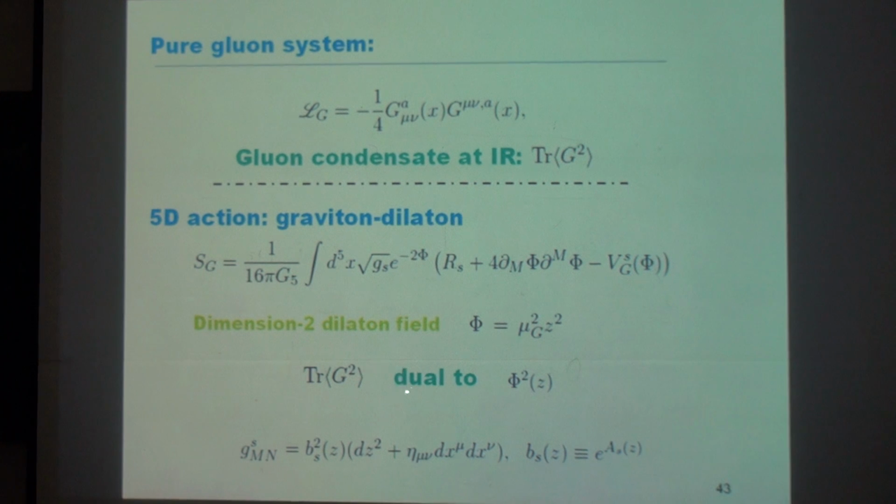This is dual to a gauge invariant dimension 4 condensation, but because this is a dimension 2 dilaton field, we can introduce such a duality.